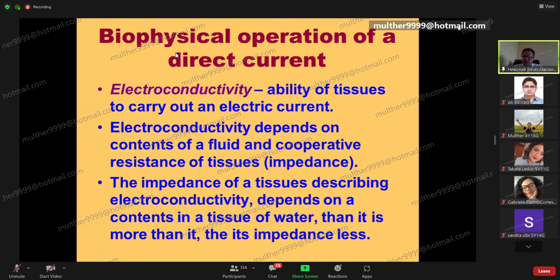This property depends on the content of fluid or water in different tissues and on the cooperative resistance of tissues. It is so-called impedance, the cooperative resistance of tissue.